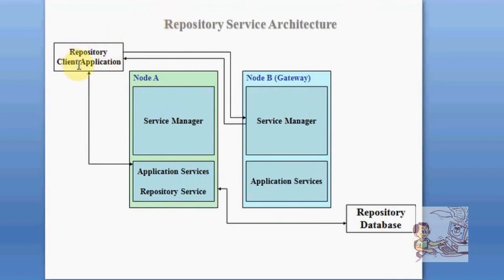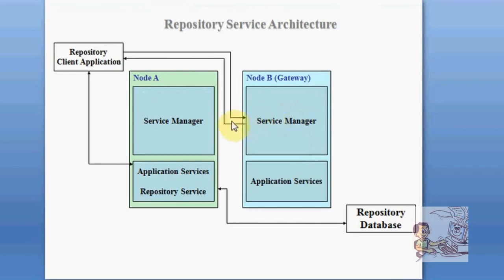Here you see one example. This client belongs to node A, but here the master gateway is node B. First the client sends its request to node B. The service manager will check the authentication, authorization, and the complete privilege details of the client.